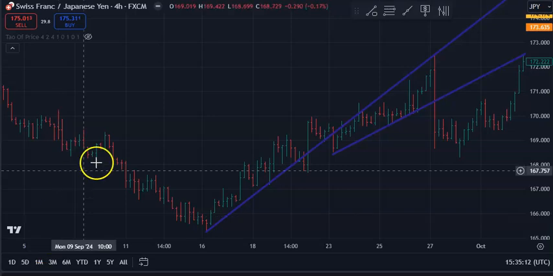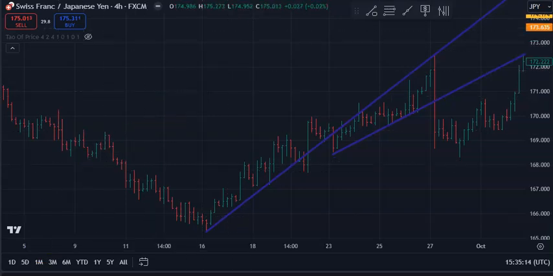So if I'm looking at this market right here, and I have a low, and I go up to the extreme high that I have recently, I have a line that's bisecting the price action that happened all throughout this market movement.